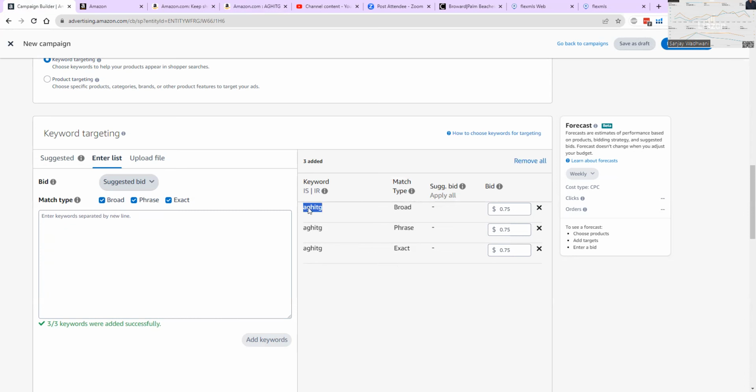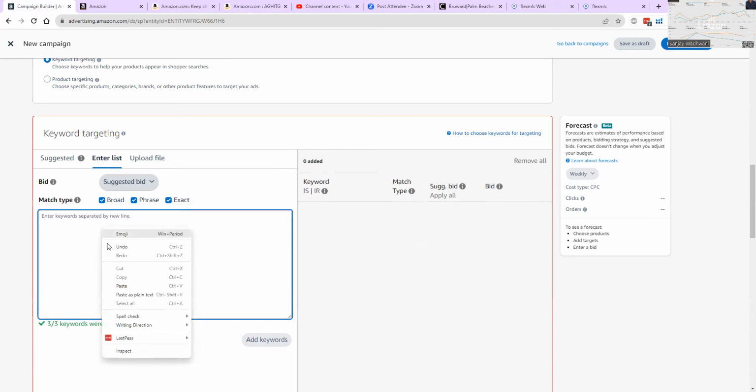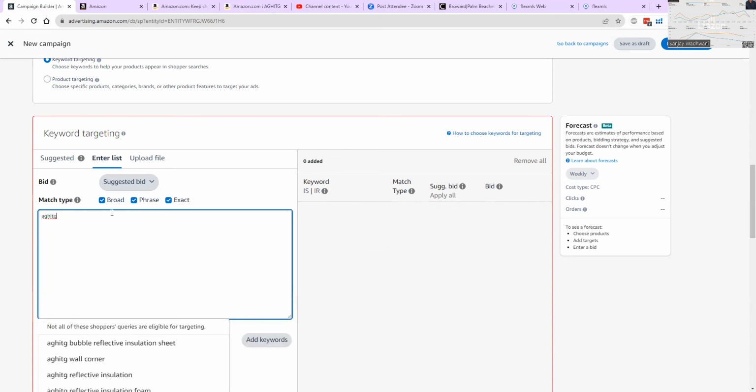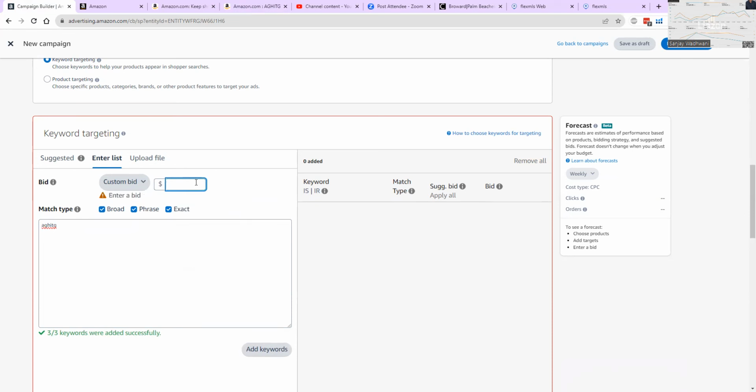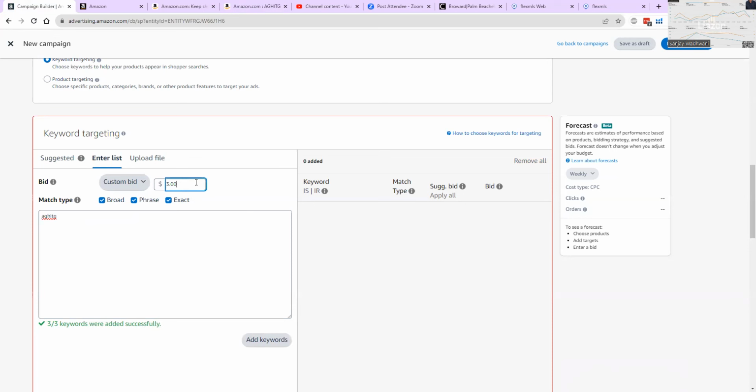And the next step is to put your bid extremely high. This is yours. If we look at the competition and you don't find a bid on them, normally the brand names are under 50 cents, under $1. Depends on the product. So your first bid that you want to start is $3 a bid.